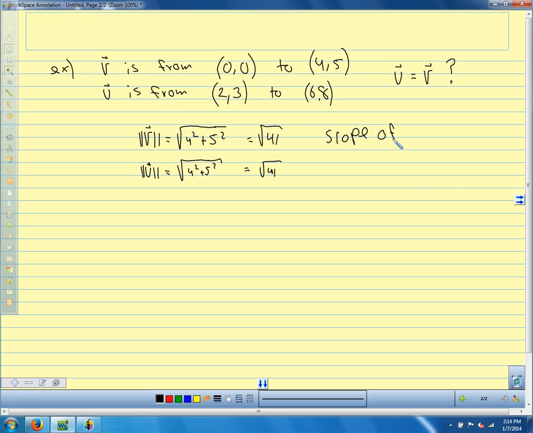So slope of vector v. What's going to be the slope of v? How do we figure out the slope of this segment between these 2 points? y1 minus y2, or y2 minus y1. 5 minus 0 over 4 minus 0. Slope is 5/4.